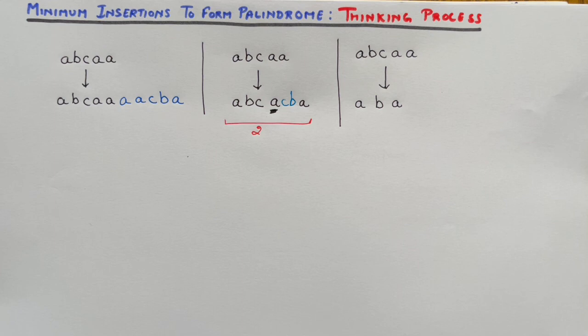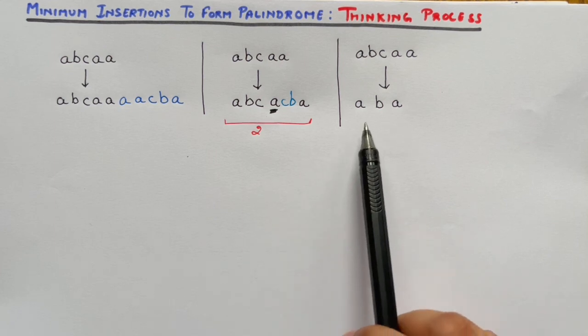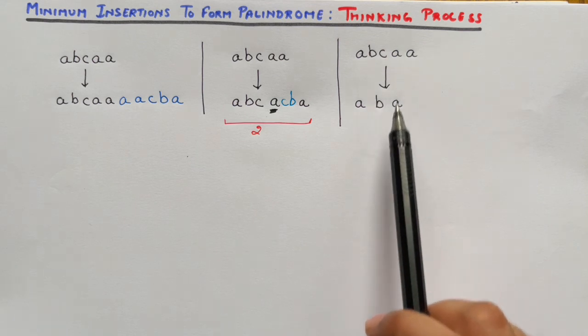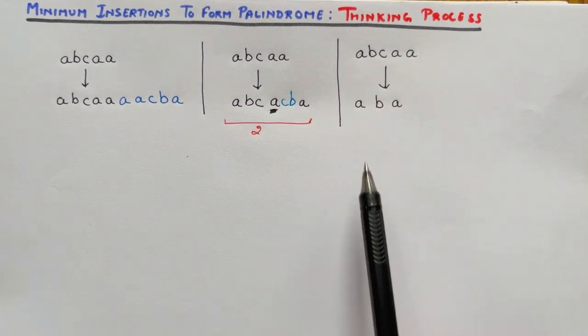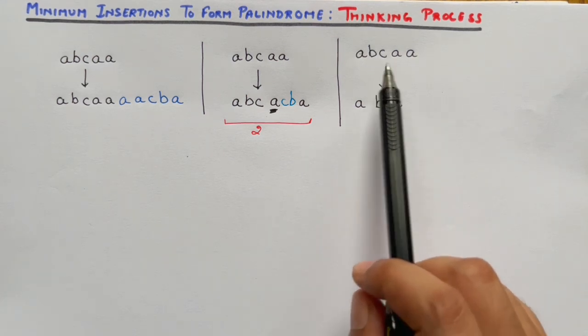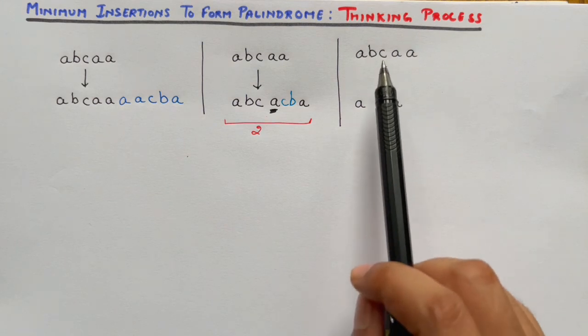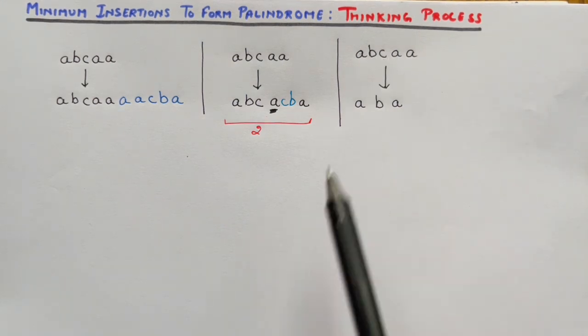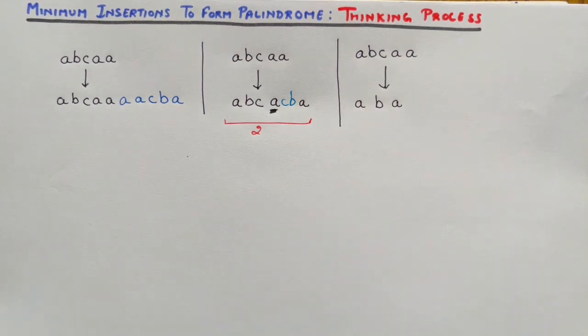We can do the same with another set of characters. In the same string, even A, B and this A also form a palindrome. So we have written this here, extracted these out and written this here. Now what is stopping this string to become a palindrome? The 2 characters C and A are extra here. So we need to deal with them and make this string a palindrome.